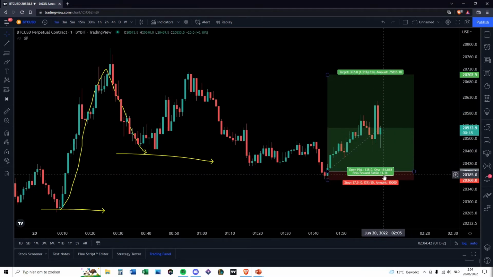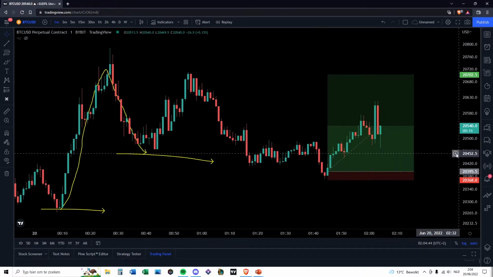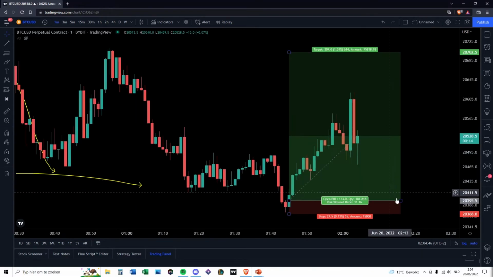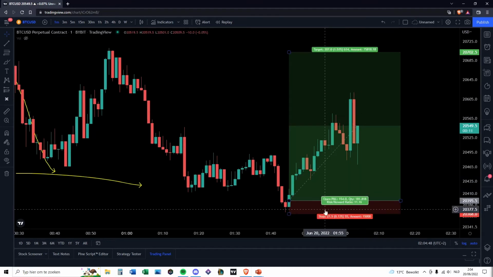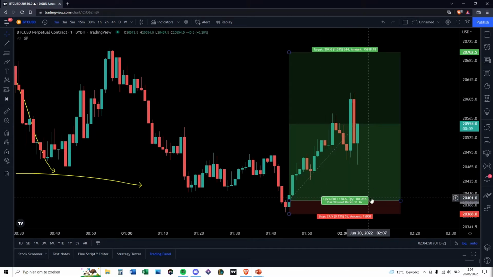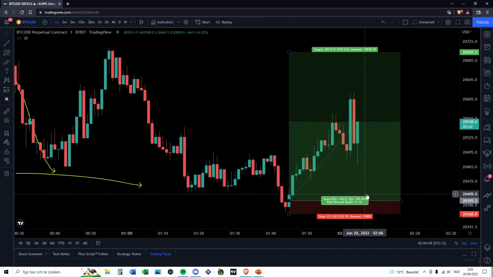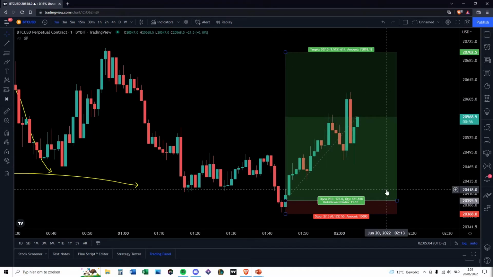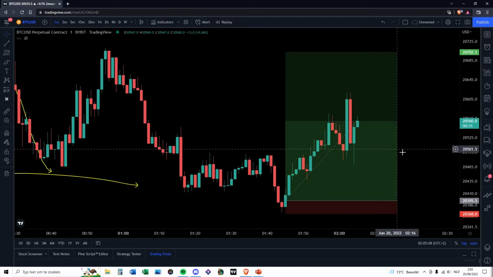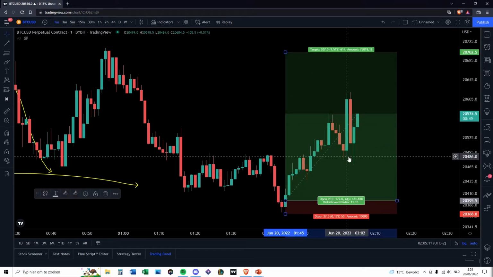So this is a risk reward of 11, which is a lot. Basically, 9 out of 10 times you'll be stopped out. But if you use 11 trades, you can be 10 times wrong and 1 time right, and you'll be at break even. So yeah, that's basically it.